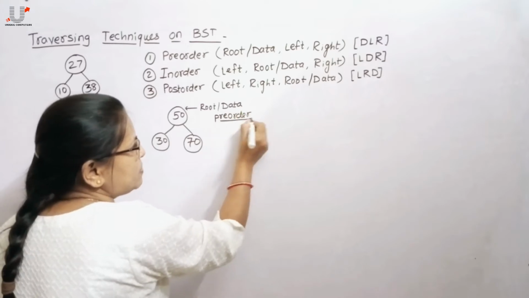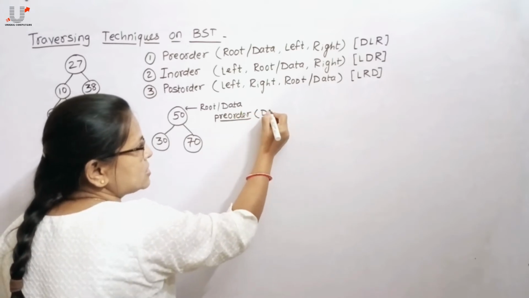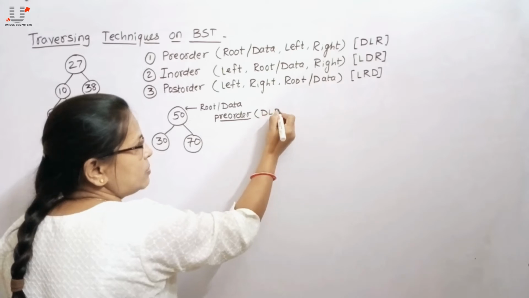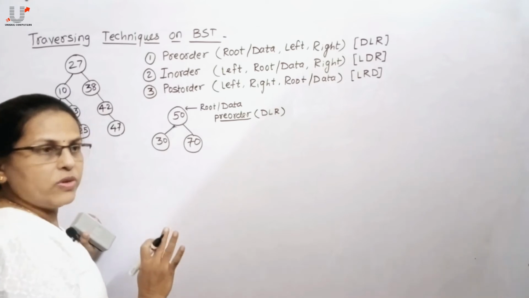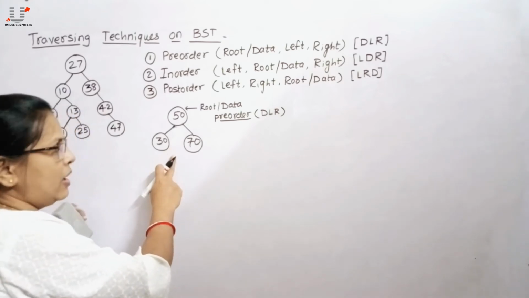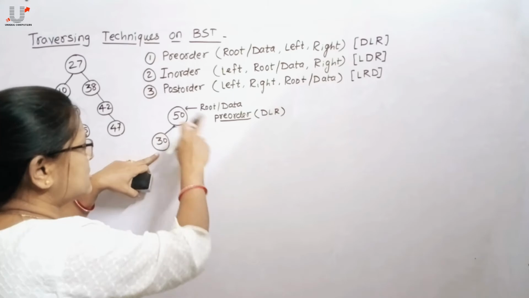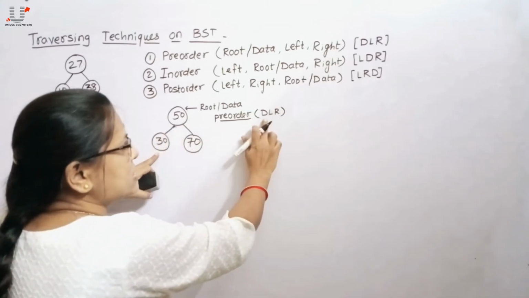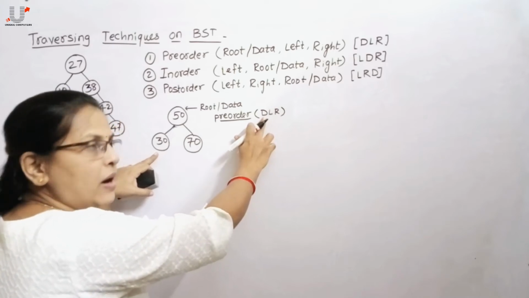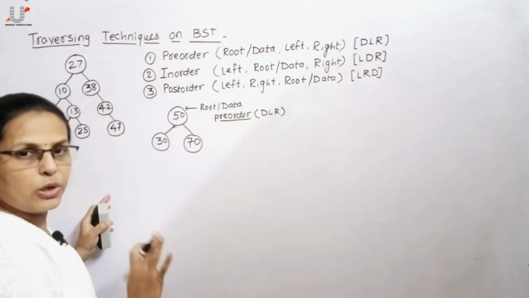Pre-order means data gets processed first, then its left subtree and then its right subtree. As this tree has three nodes, in pre-order traversing it first executes the data part, which is nothing but the root part.